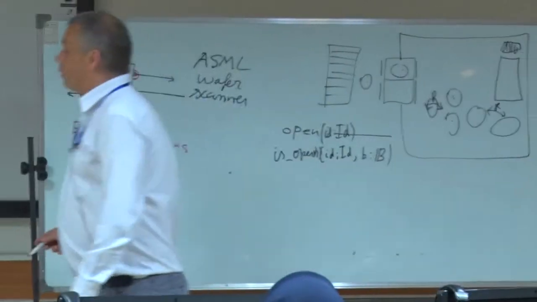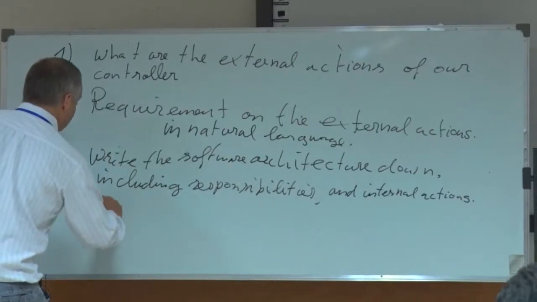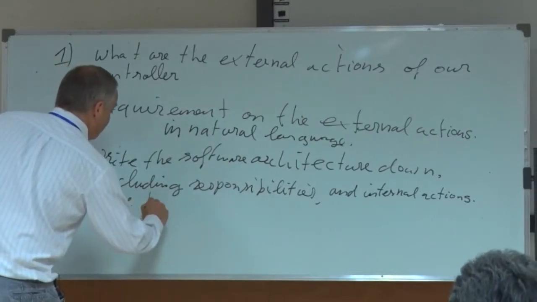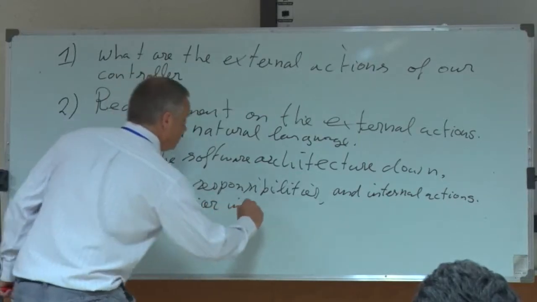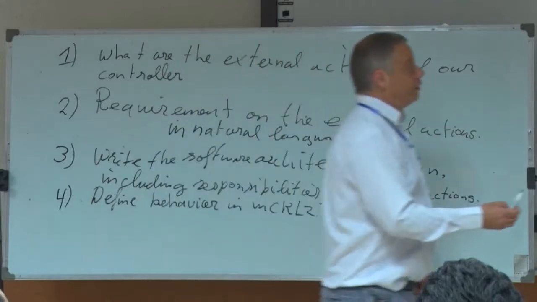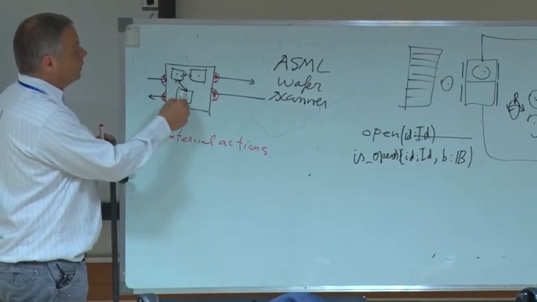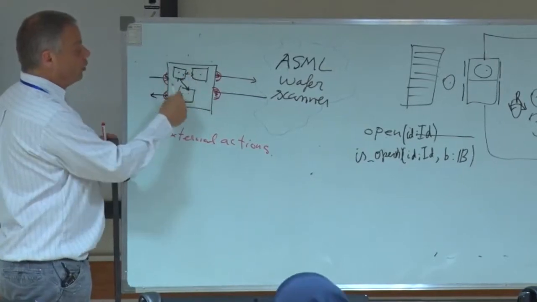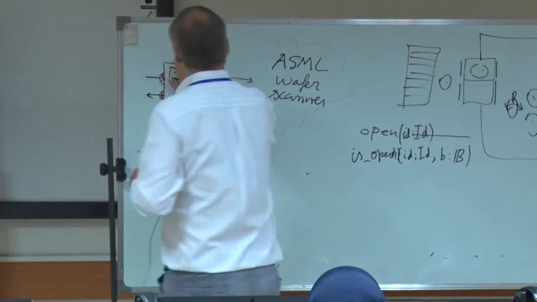So, fourth step, define behavior in mCRL2. And then first we write down the behavior of these individual components. After that, we simply put all these components in parallel, define how they communicate, and we have the behavior of this whole system.